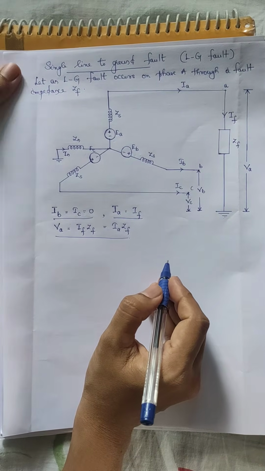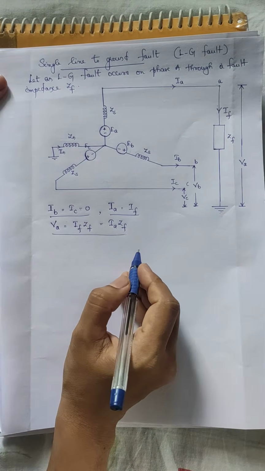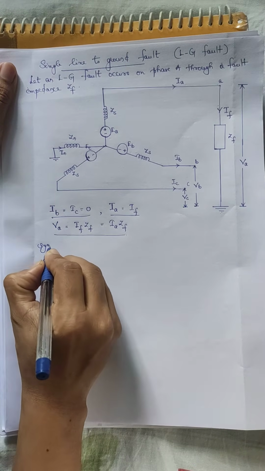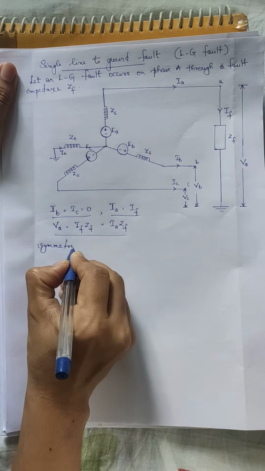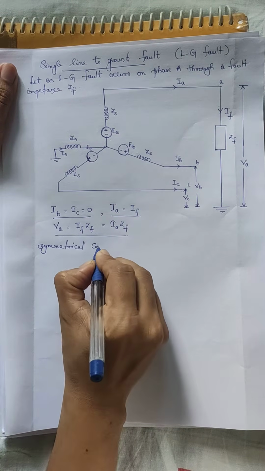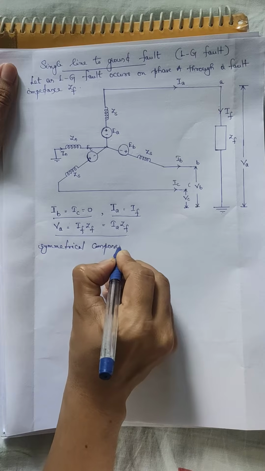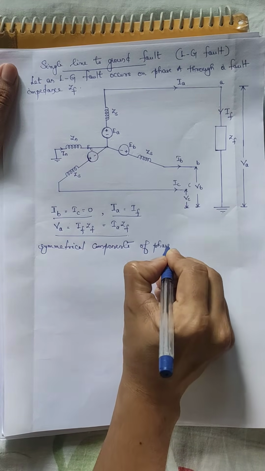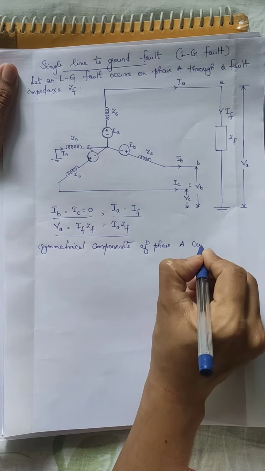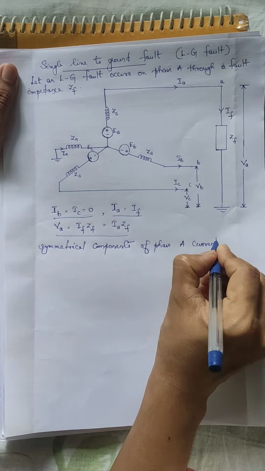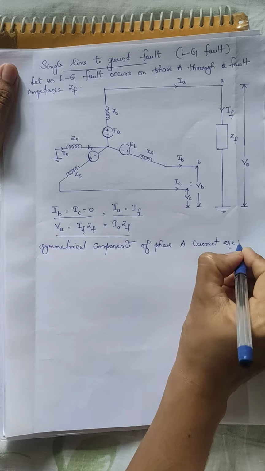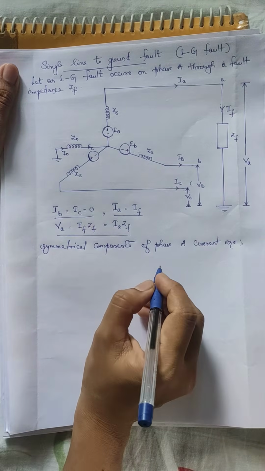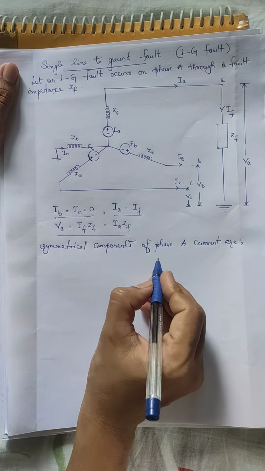So now let us write the symmetrical components of phase A current. Its symmetrical components are IA0, IA1 and IA2.